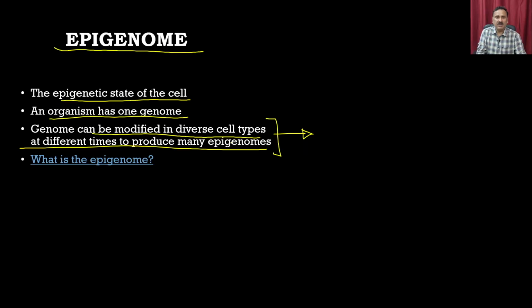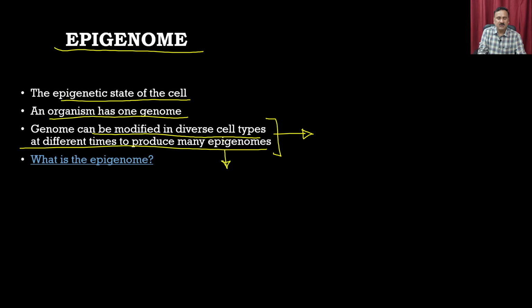But you see that the protein production in all these organs is very different, right? And that is all because the genome is modified in different ways, and that's how it produces the epigenome, right?